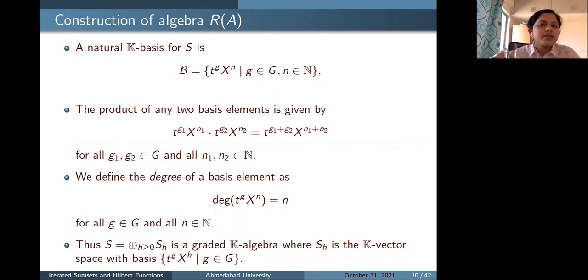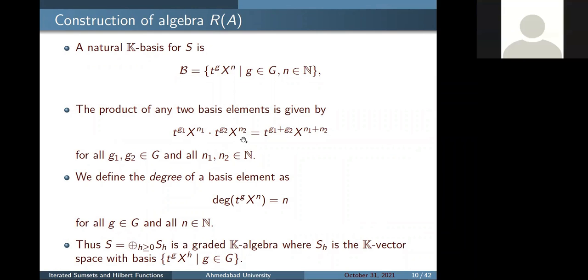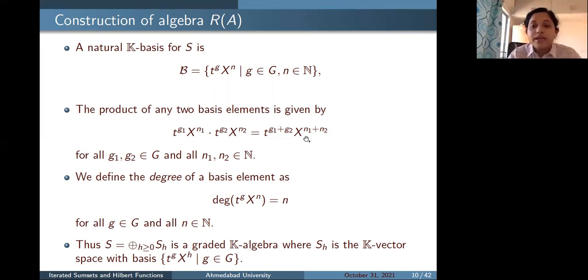If I take two basis elements, t^g1 x^n1 and t^g2 x^n2, then their product is t^(g1 plus g2) x^(n1 plus n2). And this will happen for any g_i in G and for any n_i in the set of natural numbers.